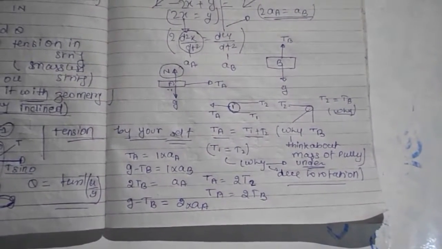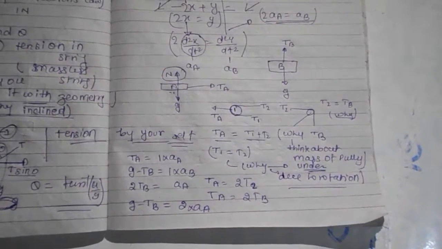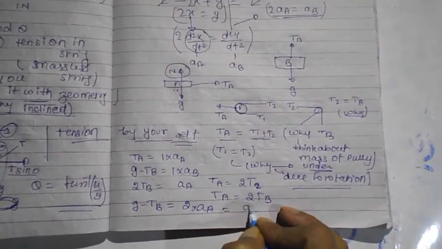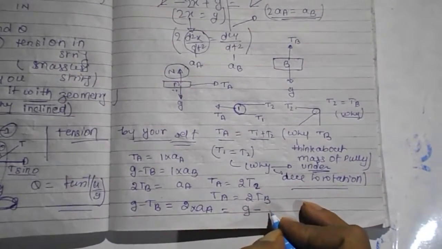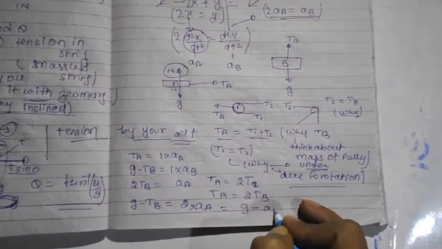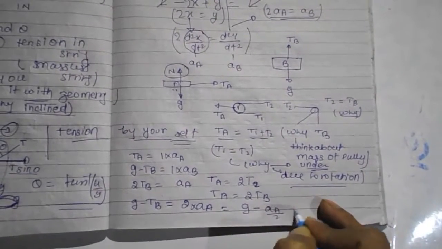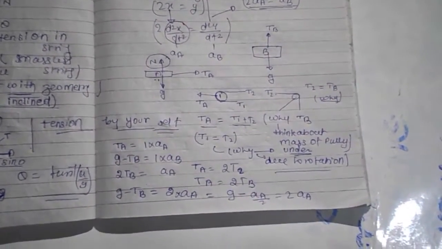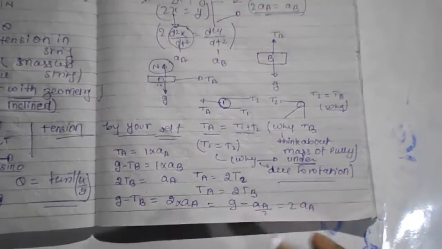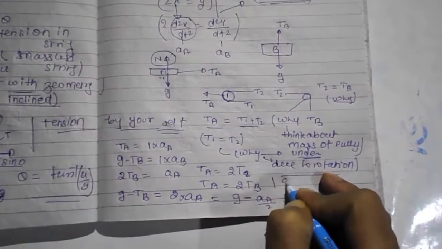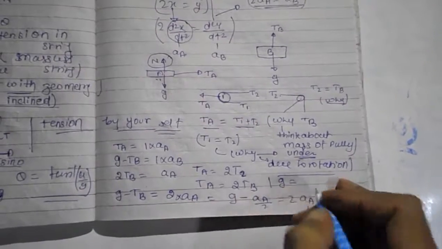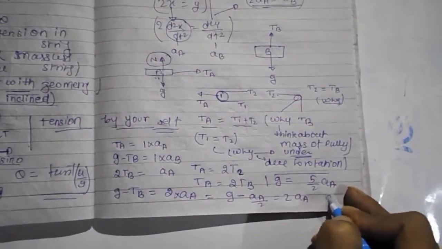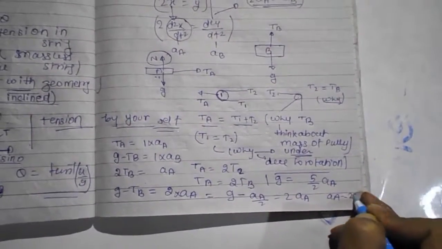Okay guys, if you look at this carefully, what does it become? G minus A by 2 is equal to 2 into acceleration of A. So G is equal to 5 by 2 acceleration of A. So what is the acceleration of A? 2G by 5.